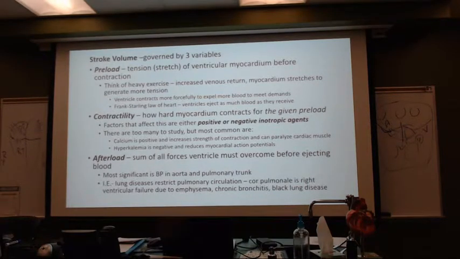We do know a big factor on afterload are lung diseases. Why? If we look at the circuit from the right side of the heart, it goes to the lungs.